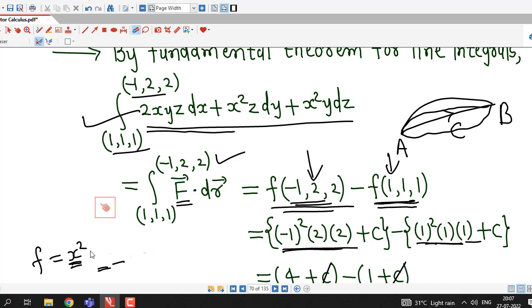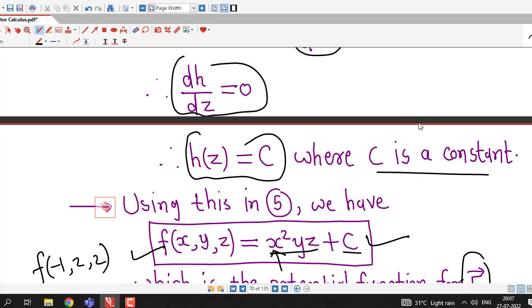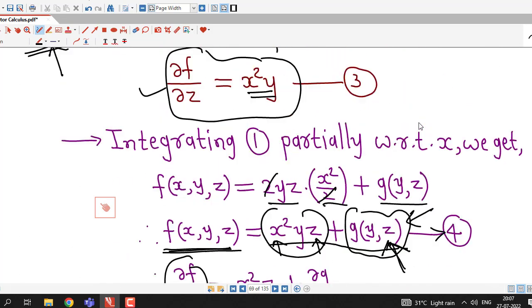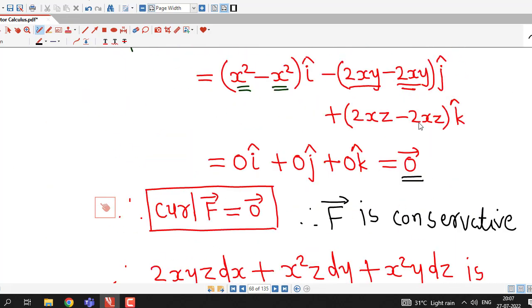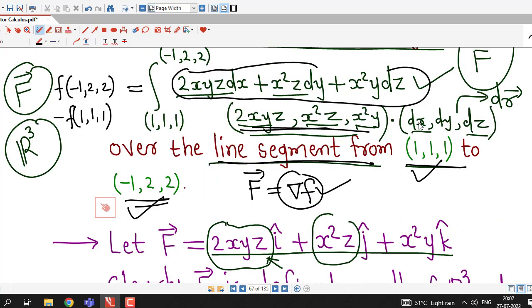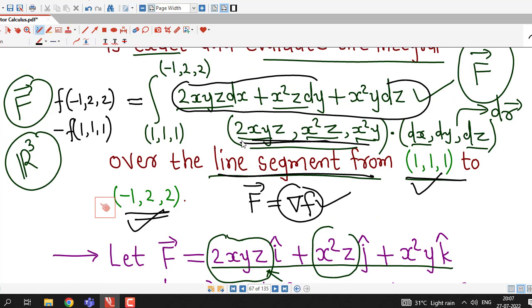So this is a very important step. Here we are asked to obtain the line integral along the line segment joining 2 points, and we are not using the equation of the line between 2 points. Instead of that we are using the fact that our f bar is conservative, therefore this line integral is independent of path.